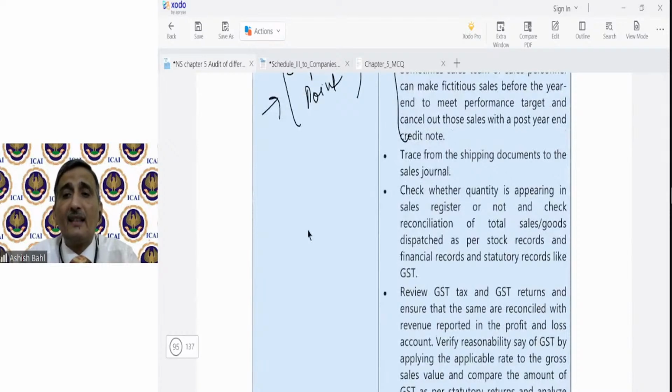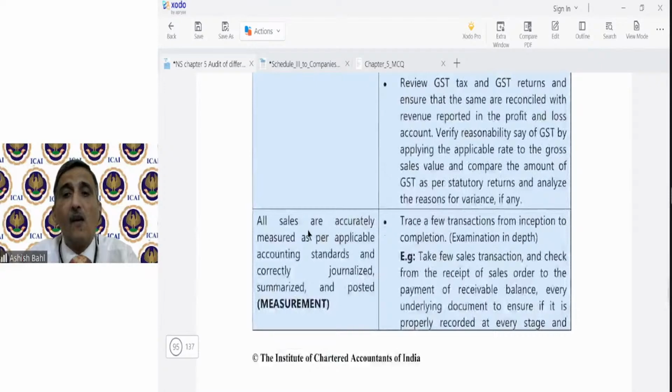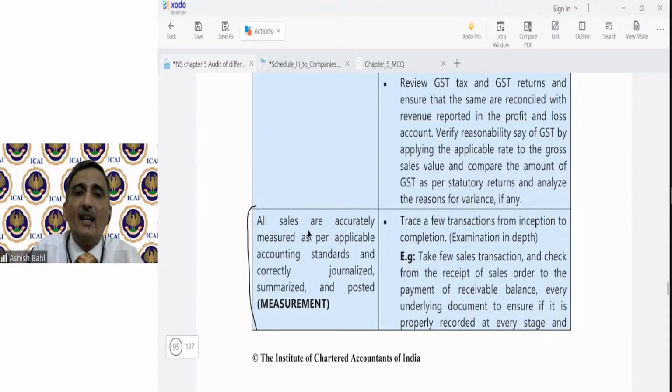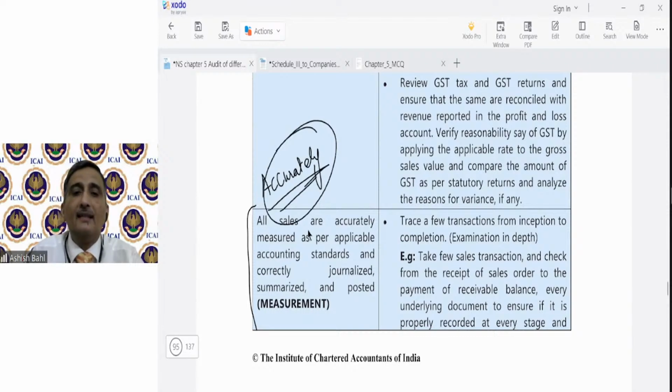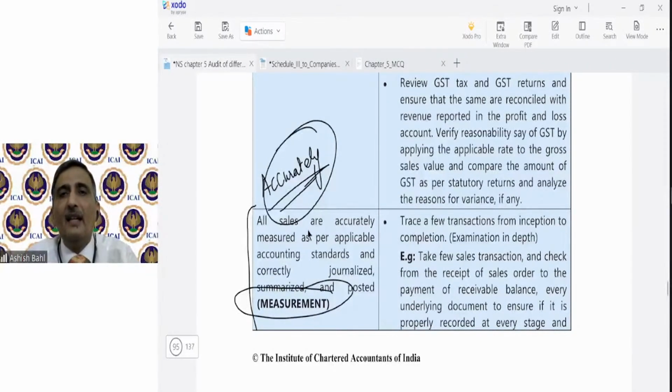Review GST tax and GST returns, all this we have discussed. And next step for him to see is that all sales have been measured accurately. So here students, the assertion is written as measurement.